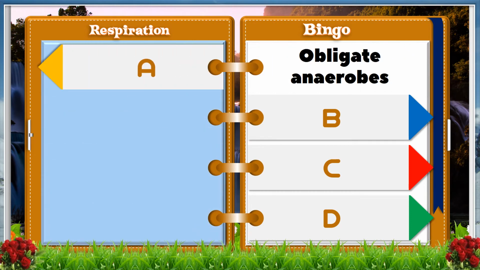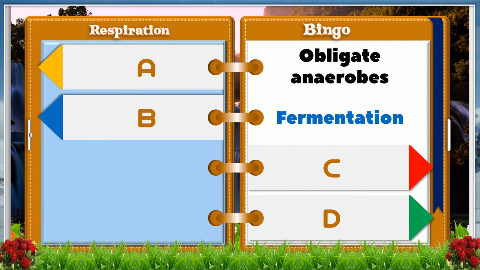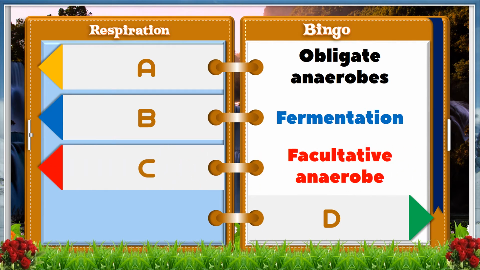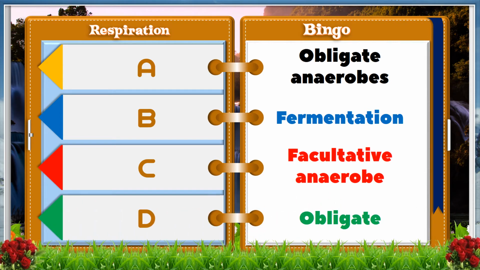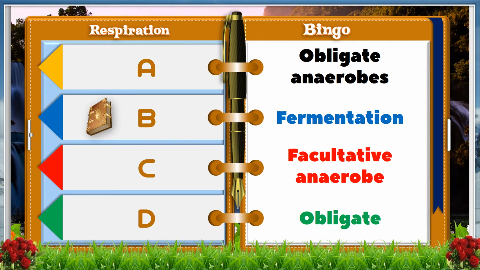A. Obligate anaerobes. B. Fermentation. C. Facultative anaerobe. D. Obligate. And the answer is B. Fermentation.